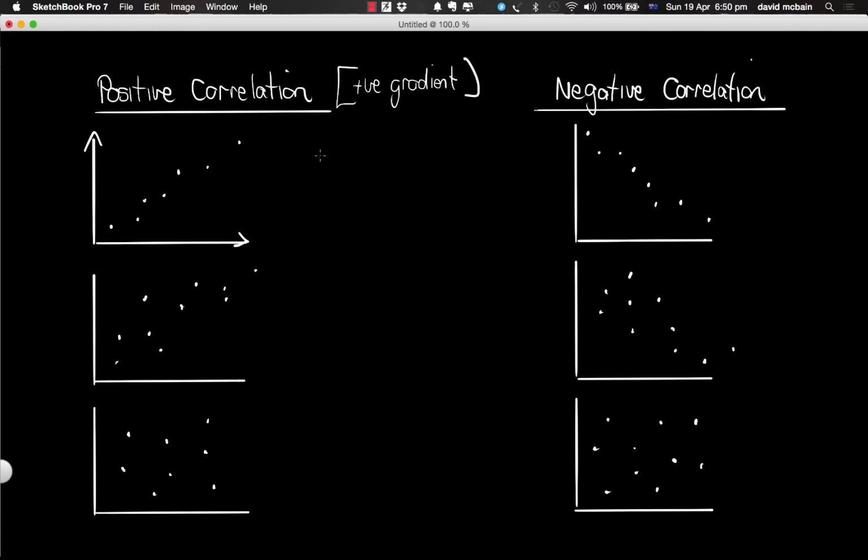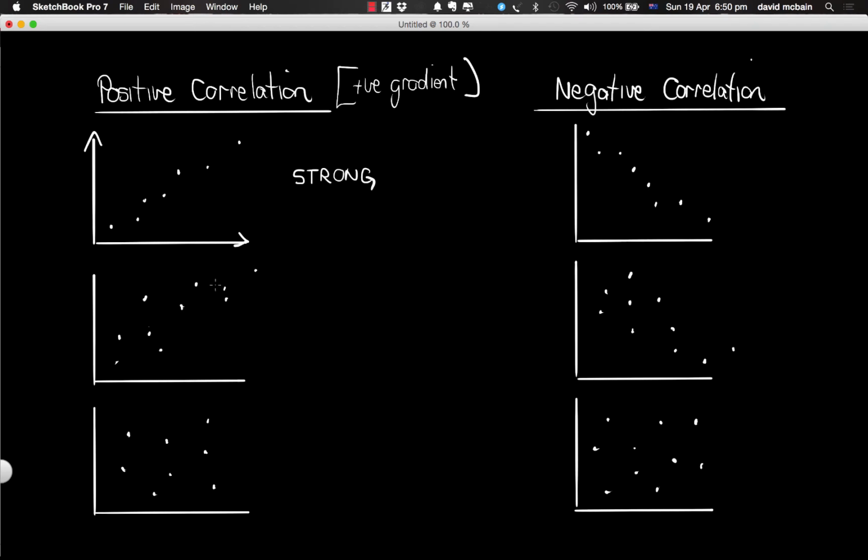Okay, so this one here, that's an example of a strong positive correlation, because there's definitely a very close linear connection between these two variables. In the second diagram, the correlation is not as strong, it's not as linear.